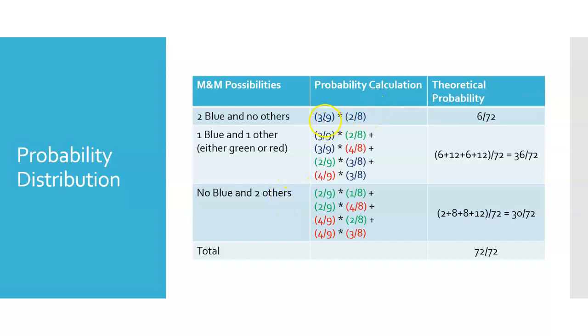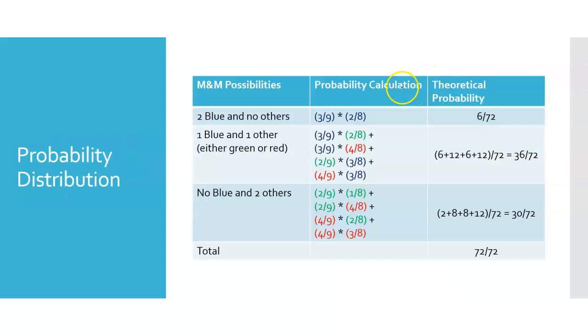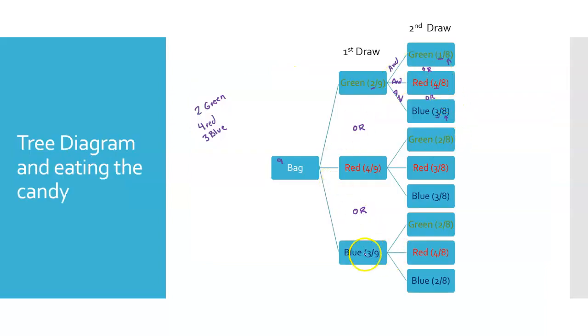And you can see as we go through, and I color coded these so that you can go back and look at each one of the branches. And again, an and means we're multiplying, an or means we're adding. And so for 2 blue M&Ms, there's only 1 branch down here, 2 blue.